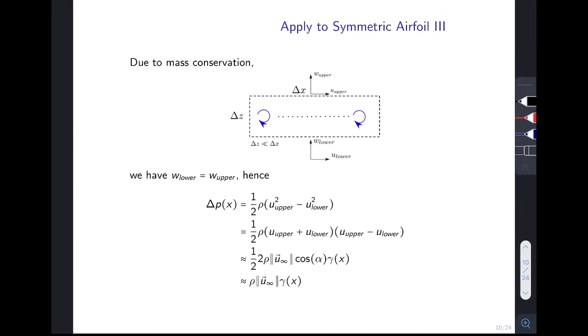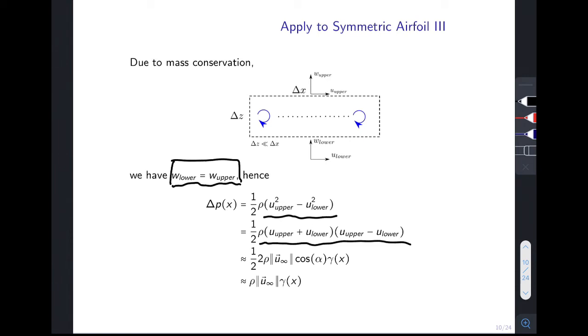If you use mass conservation in this plot, you can show that the normal component W on the lower and upper surface will be the same. So if you compute the pressure difference, it only comes from the streamwise component, the U component. And I think I've derived a similar expression in the last lecture.